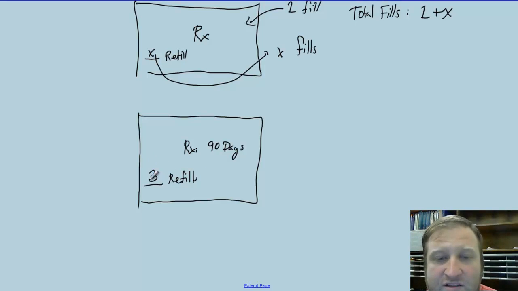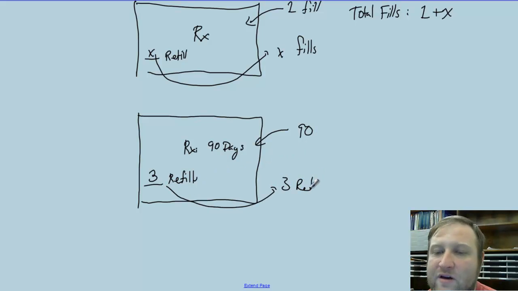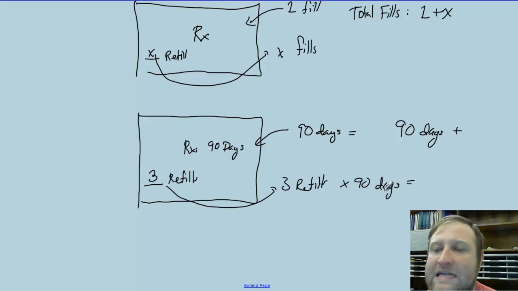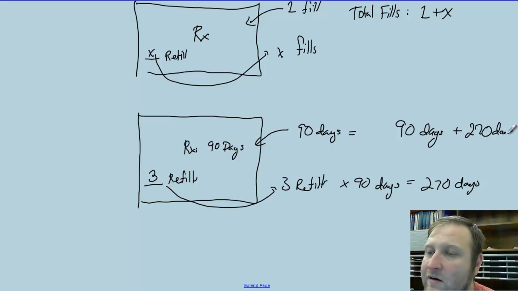I hope we all said 3, because this will give us 90 days, and here we're going to have 3 refills times 90 days. So 90 days times 3 gives us 270 days, and this gives us our 1 year prescription.